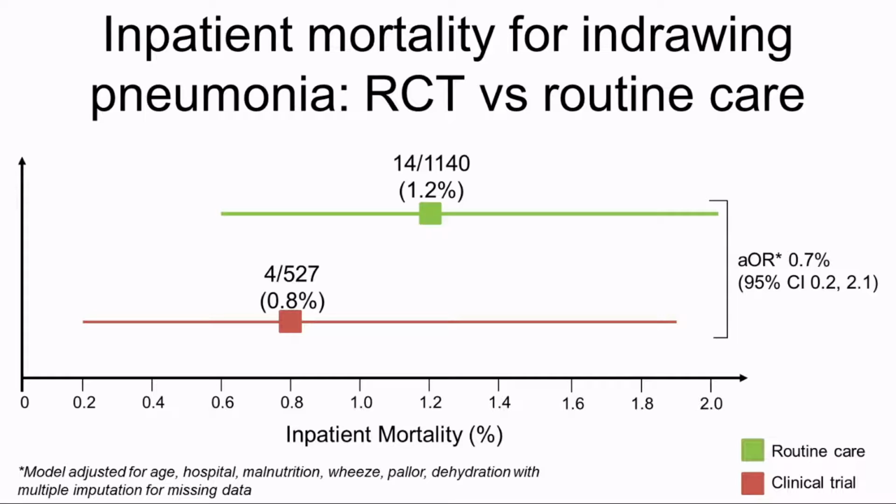And you can see there that although the absolute rate of mortality was slightly higher among those who received routine care, shown on the green bar, this difference wasn't statistically significant. And so we could crudely conclude that mortality would be similar in routine care settings compared to the clinical trial settings. And this gave us more confidence also around how pragmatic our clinical trial was.